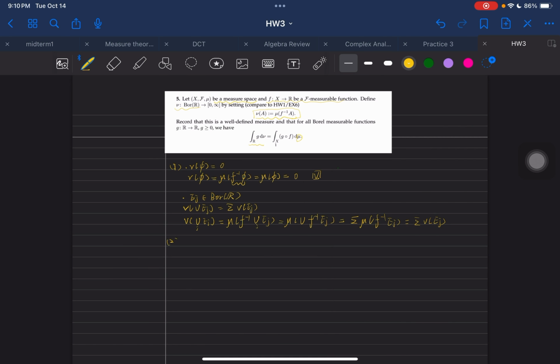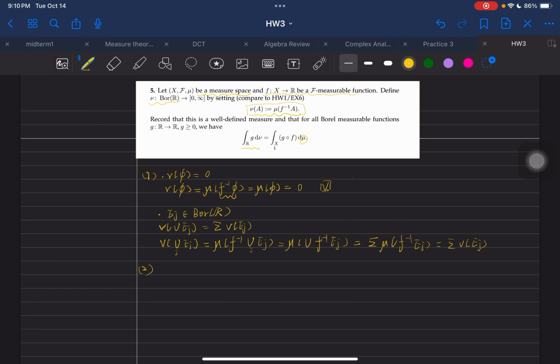So let's do the second part. The second part is not straightforward, because we have some Borel measurable functions, which are not necessarily simple, or which may not be nice.